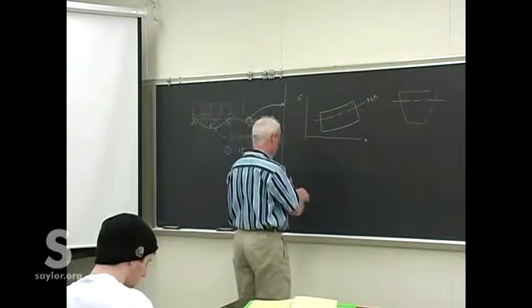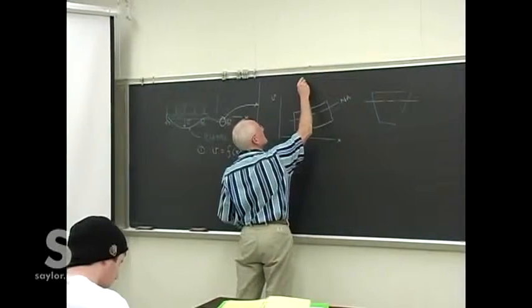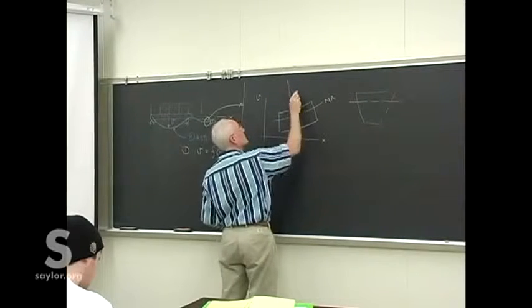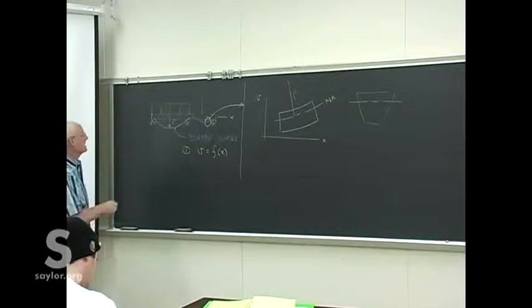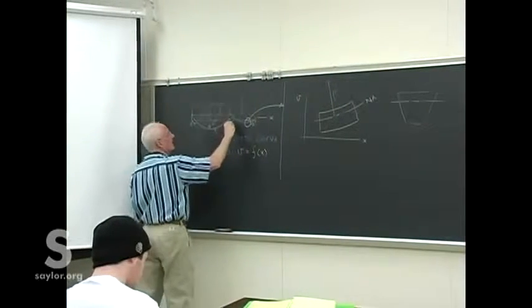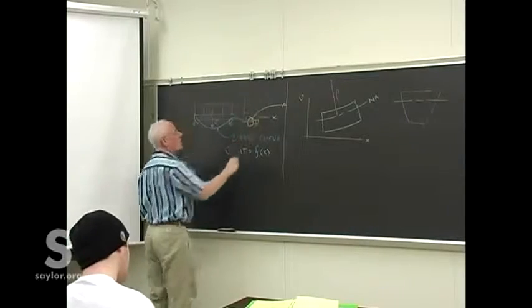And so the parameters of interest right now are things like the curvature of that beam, which is the local radius of curvature at that point. It itself is a function of x, because it's in one direction here, and then it's down here somewhere, and it changes all the way along the beam.